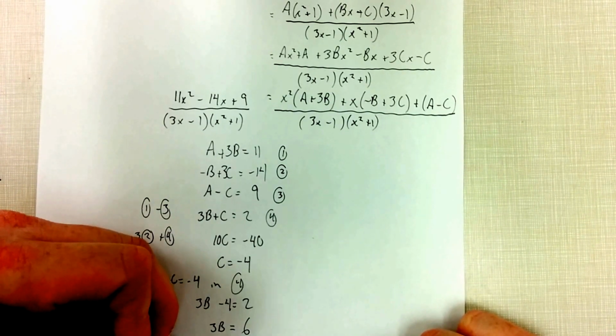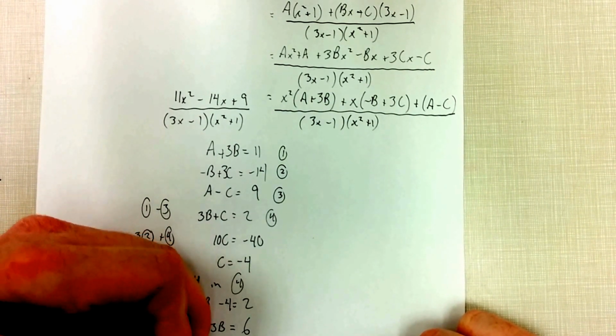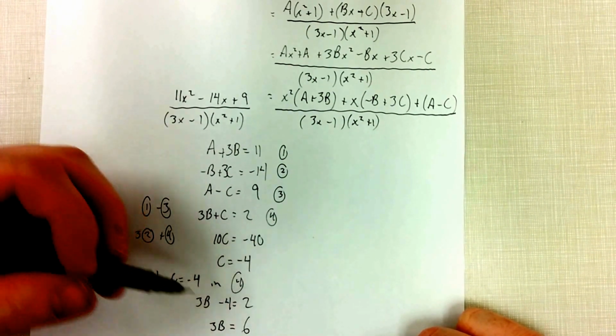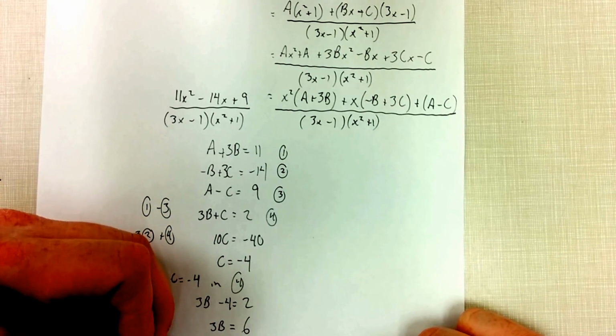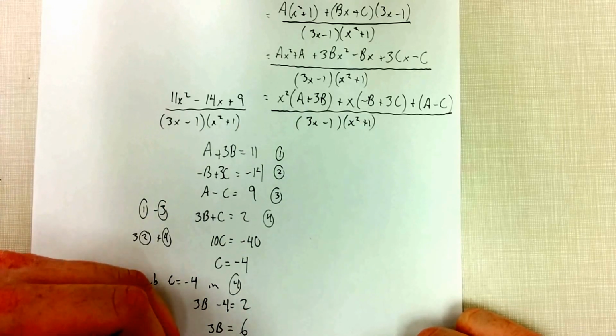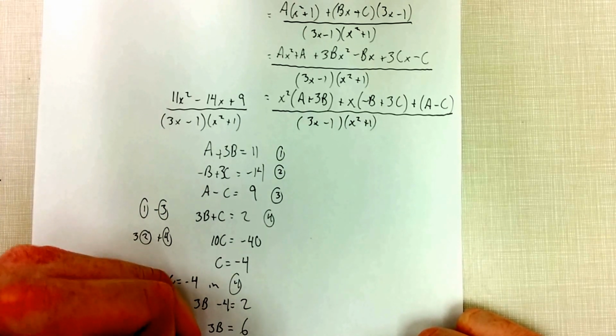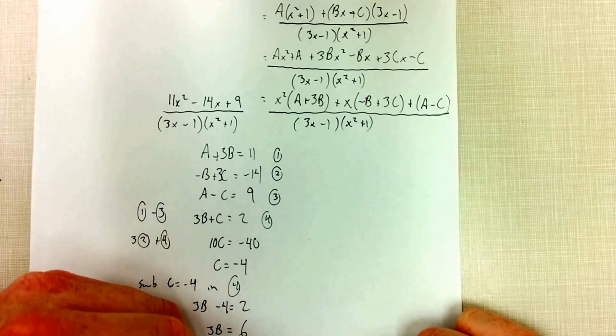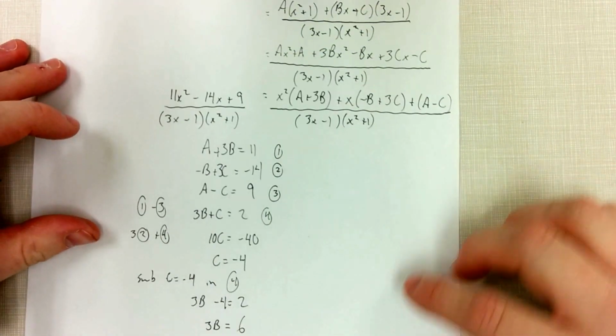Sub B equals 2, C equals minus 4. I suppose I don't need both. I'll just sub them into 3. I'll just need this one in 3, and I'll get A plus 4 equals 9, so A equals 5.